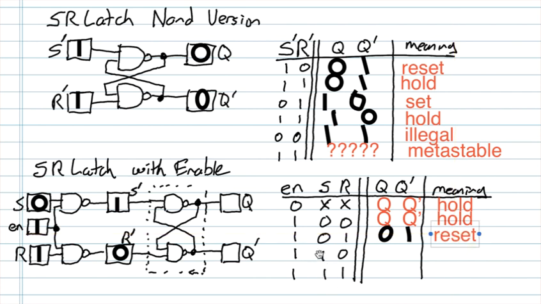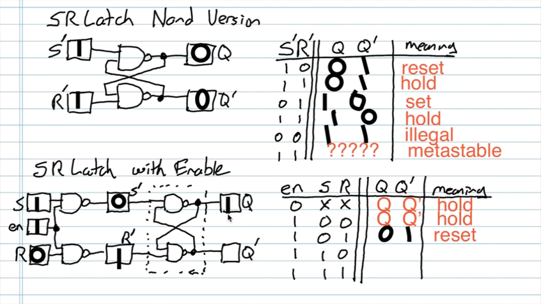Now we can do S equal to 1 and R equal to 0. If S is 1 and R is 0, and these act like inverters because enable's on, I end up with S prime is 0 and R prime is 1. And I can look up S prime 0, R prime 1, which gives me a 1, 0 on the output.